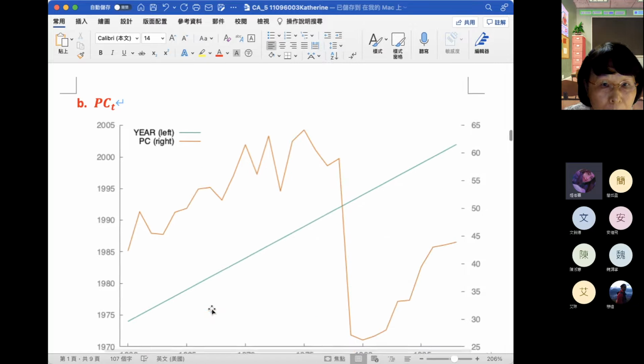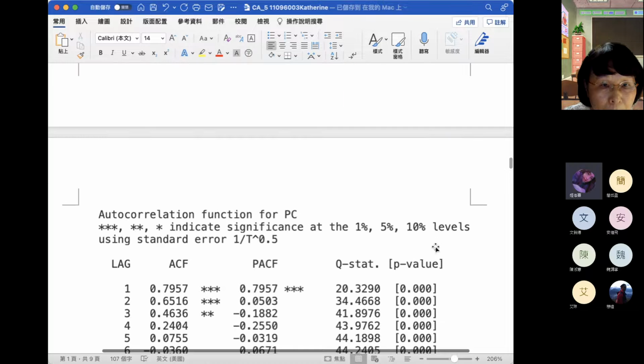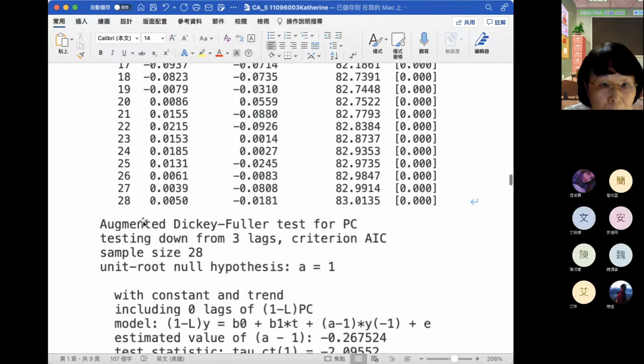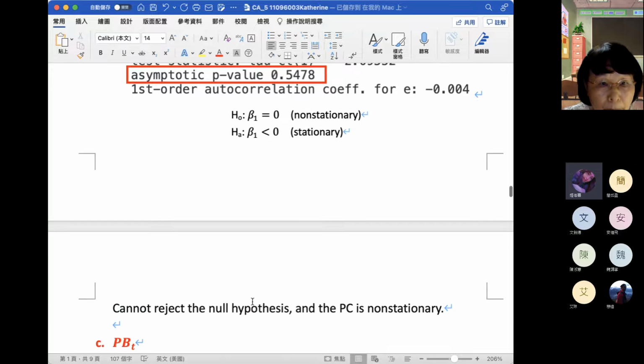And for part B, also the graph, and the autocorrelation function for PC is 0.7957. And the p-value is 0.5478. It also cannot reject the null hypothesis, so it is non-stationary.